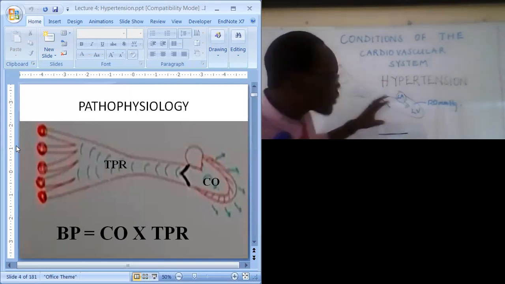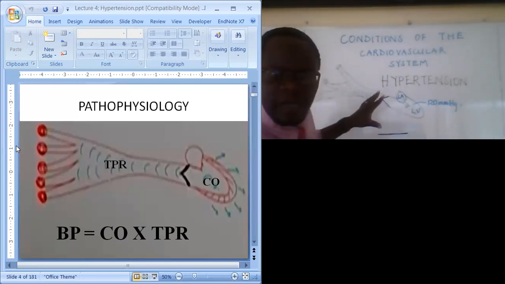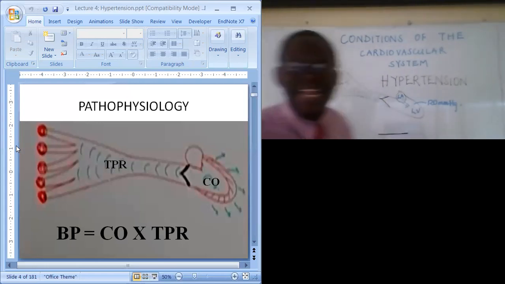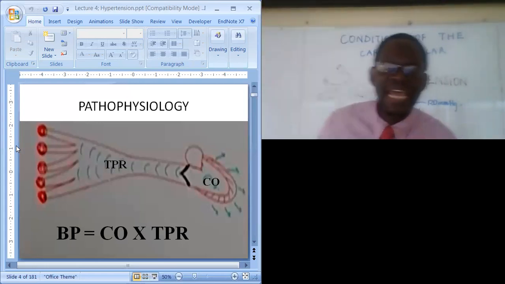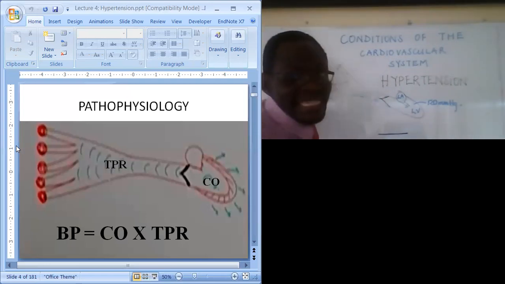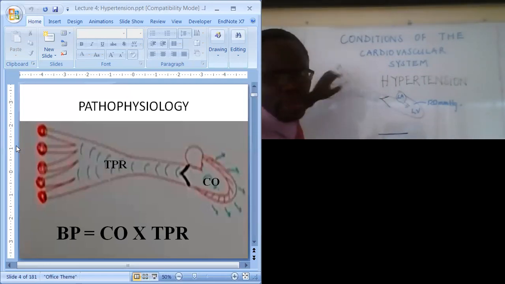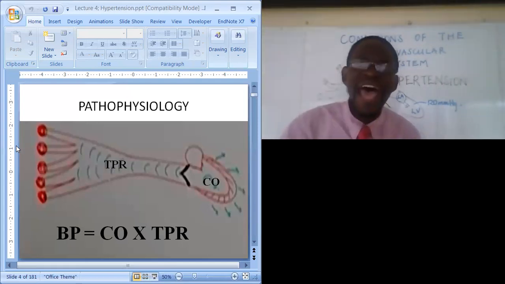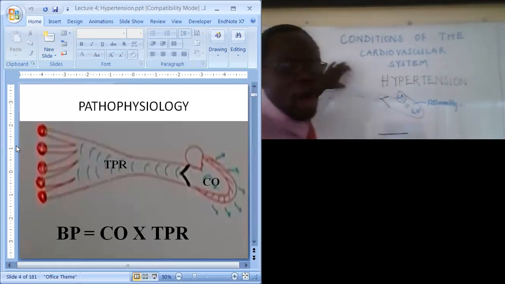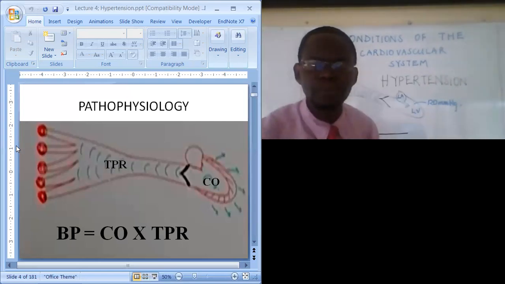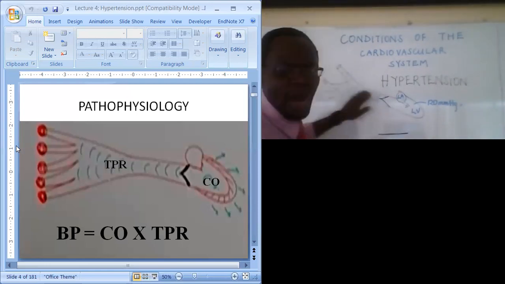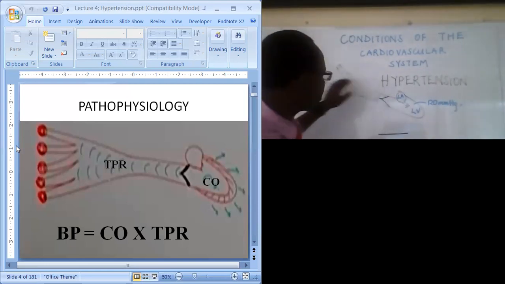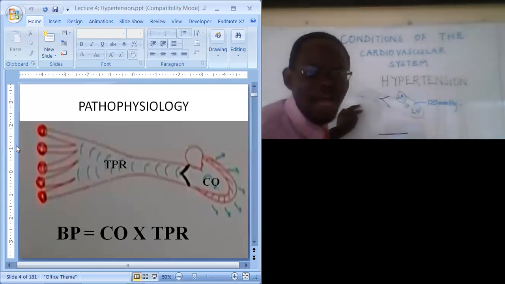In other words, if these arterioles are dilated, then the blood will flow easily to other target structures or organs. But if these arterioles are constricted, then the blood will not flow easily across the arterioles because of the constriction, and the pressure which is around here is what we refer to as the diastolic pressure.